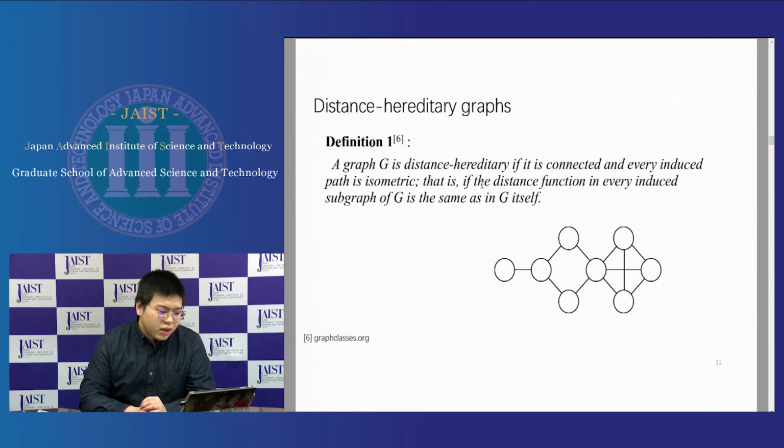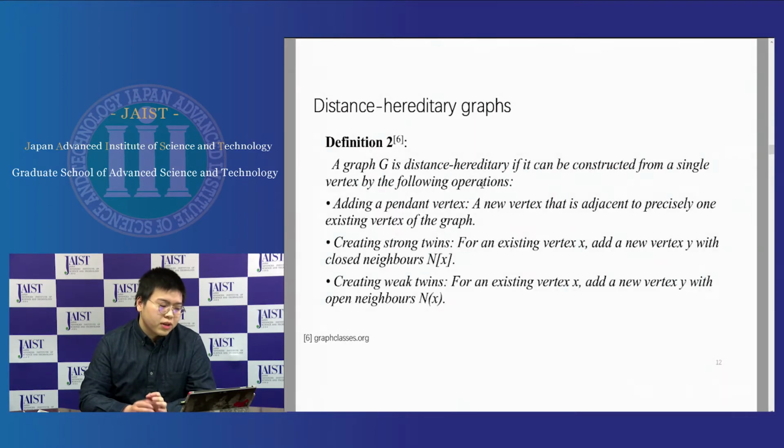Though it is quite difficult to understand based on this definition, there is another definition based on generation rules: a graph G is distance hereditary if it can be constructed from a single vertex by the following operations. The first is adding a pendant vertex, which is a new vertex adjacent to precisely one existing vertex of the graph.